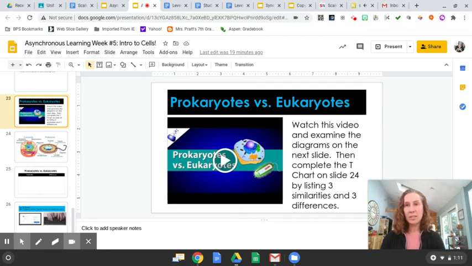First, on the Asynchronous Learning week, we're going to be looking at cell theory. There's an Edpuzzle. I've set it up in Edpuzzle to give you a reminder, so you should see that in Classroom. Hopefully everyone's joined the class and can easily get in, and as you do it, it records your result right in Edpuzzle.